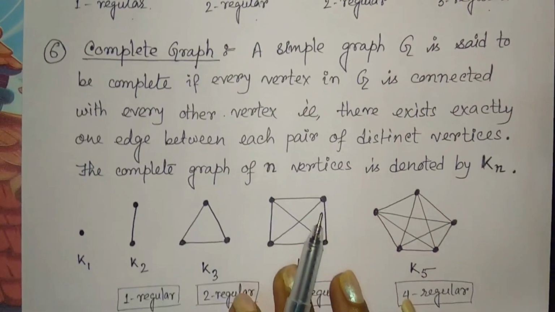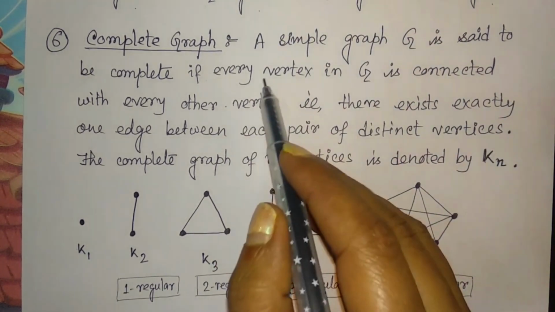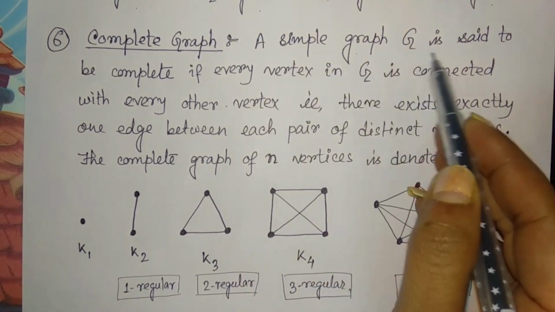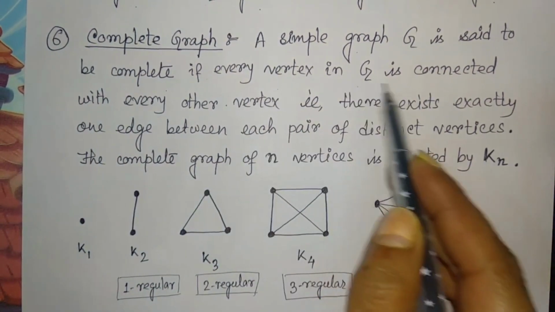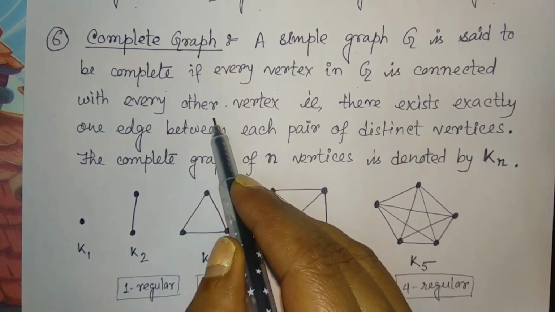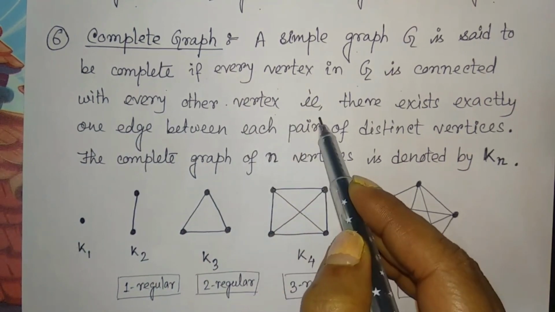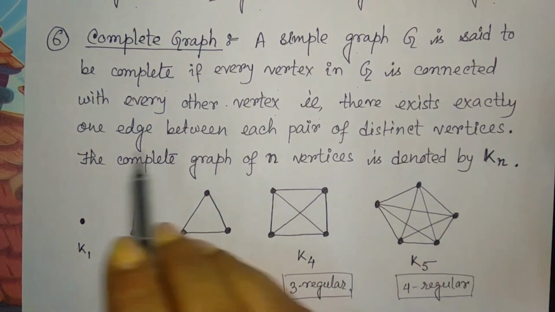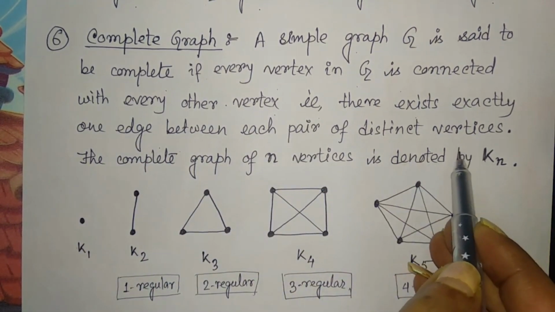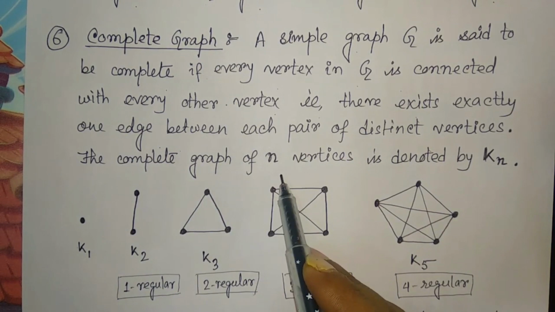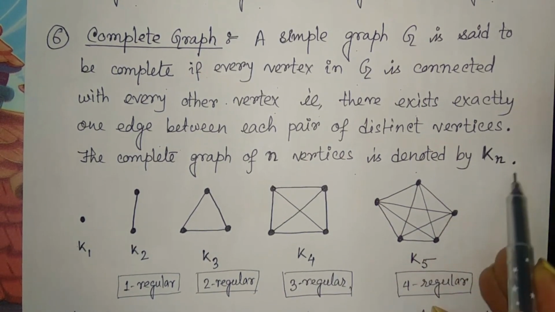Now it is the complete graph. A simple graph G is said to be complete if every vertex in G is connected with every other vertex. That is, there exists exactly one edge between each pair of distinct vertices. The complete graph of n vertices is denoted by Kn.